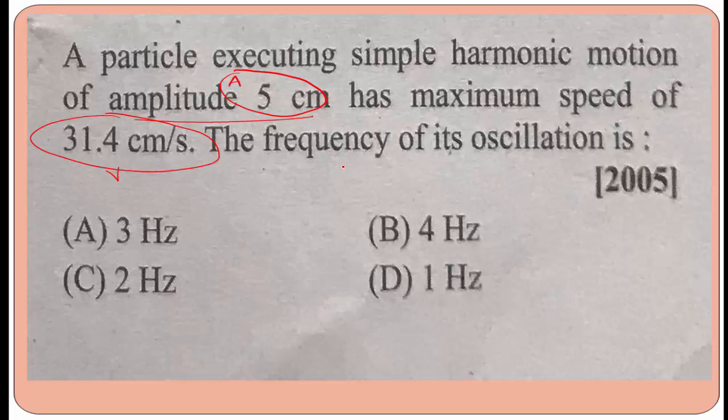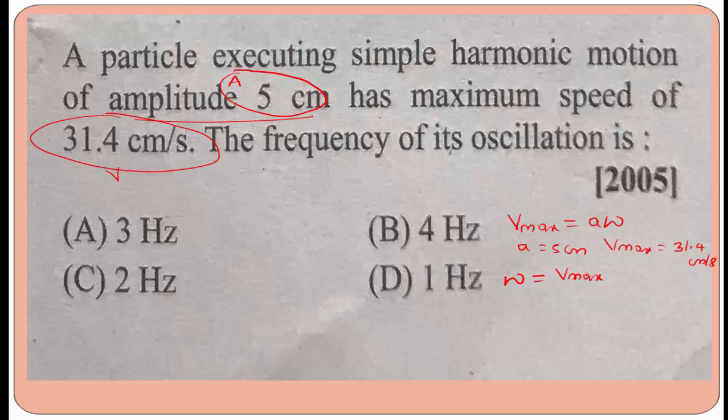The maximum velocity in case of simple harmonic motion, we know the formula: V maximum is equal to A omega. Here A is equal to 5 centimeter and V maximum speed is 31.4 centimeter per second.